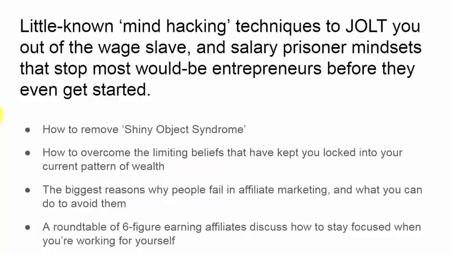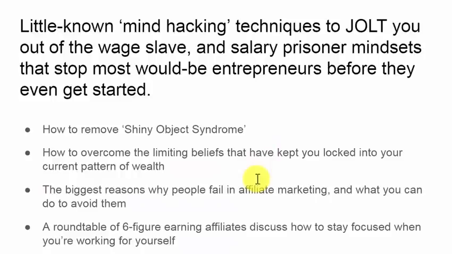It's really brain hacking that's going to get you out of this, and it's also going to get you focused in the same process. You're going to learn how to remove shiny object syndrome, so you stop jumping around from thing to thing without ever becoming a master at anything. You're also going to learn how to overcome the limiting beliefs that have kept you locked in your current patterns of wealth.